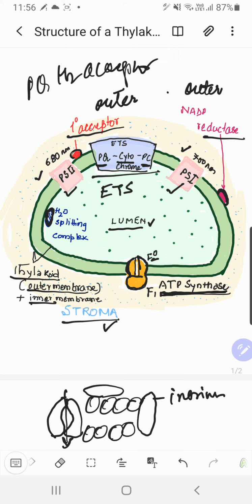And then you have the primary acceptor towards the outer side of the thylakoid, and NADP reductase also towards the outer side of the thylakoid. So you have to realize this, that the water splitting complex is towards the inner side, whereas the primary acceptor and NADP reductase are towards the outer side.